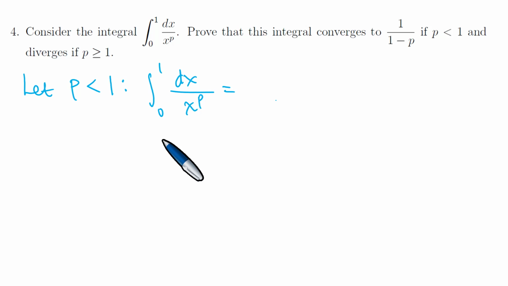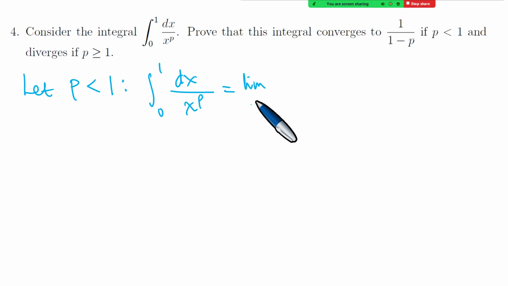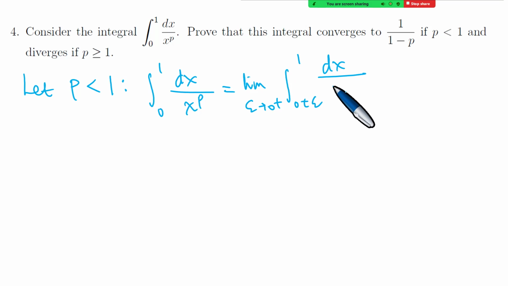To deal with the 0, we will have the limit as epsilon approaches 0 from the right of the integral of dx over x to the p. Okay, so which means that we have the limit as epsilon approaches 0 from the right.